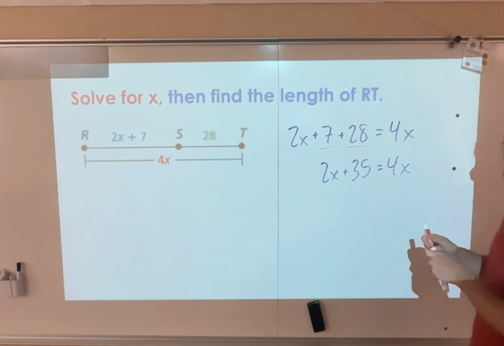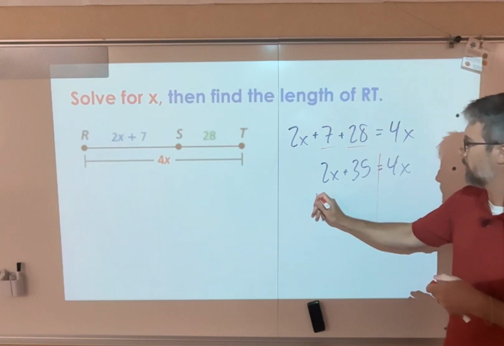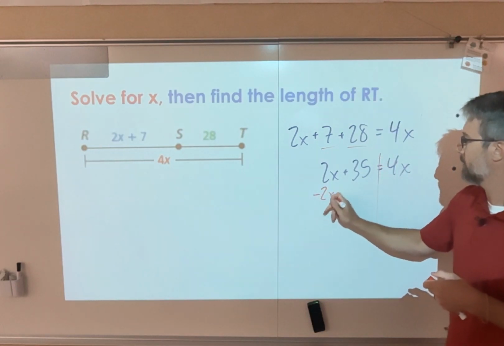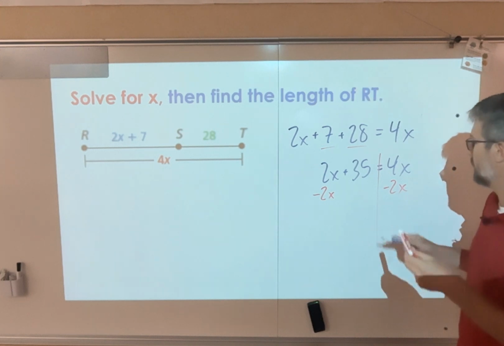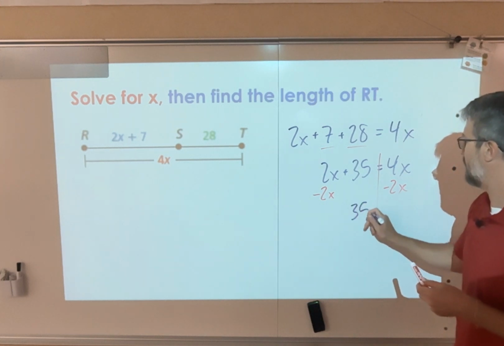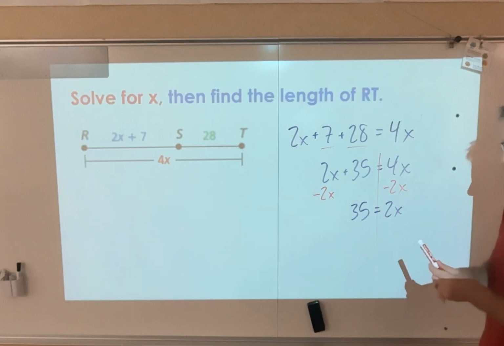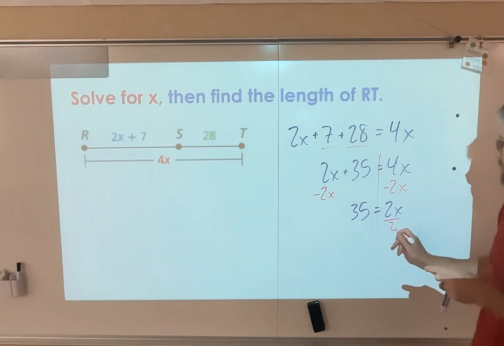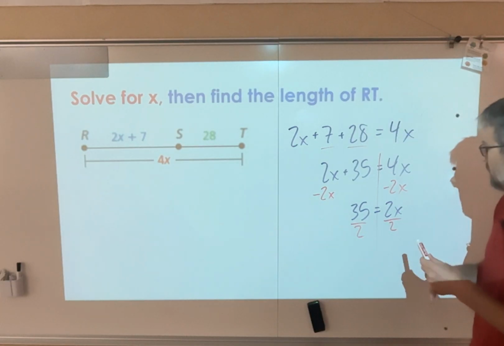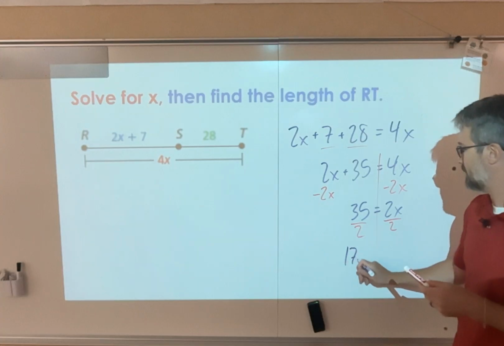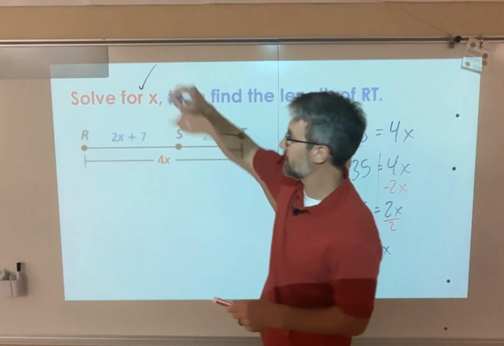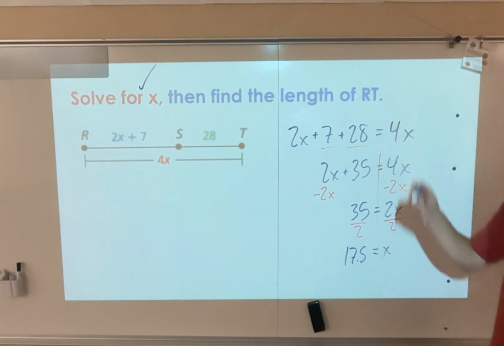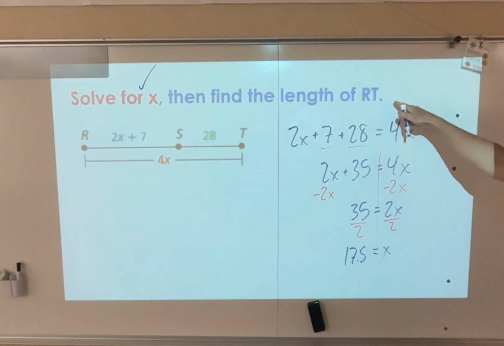Now I can solve this. Let's combine all of our x's on one side. So we'll move the 2x over here, and we get 35 is equal to 2x. Well, now I can just divide both sides by 2, and I'm left with 17.5 is equal to x. So the first part of the question is done. We solved for x. Now we want to use that information to find the length of RT.